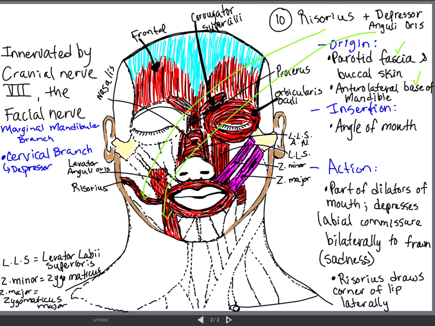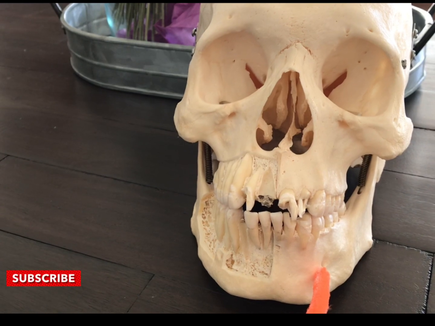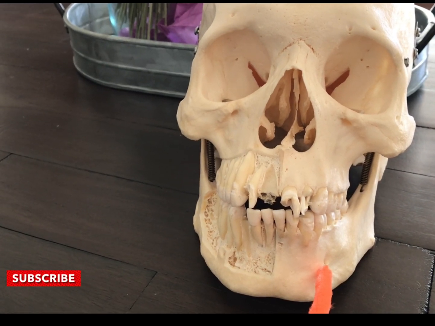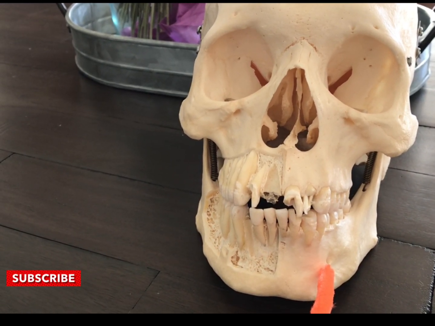Both of these muscles have an insertion in the angle of the mouth, and both are part of the dilators of the mouth. They depress the labial commissure bilaterally to frown during sadness, and also the risorius can draw the corner of the lip laterally. Anterolateral base of mandible, origin of the depressor anguli oris.